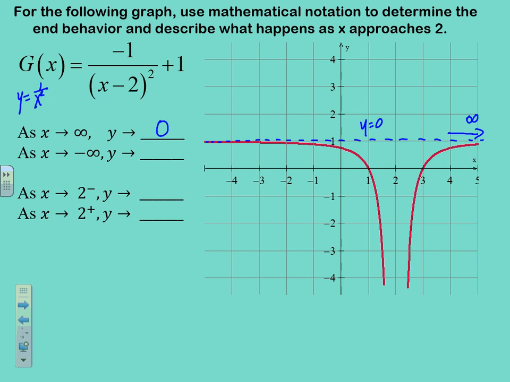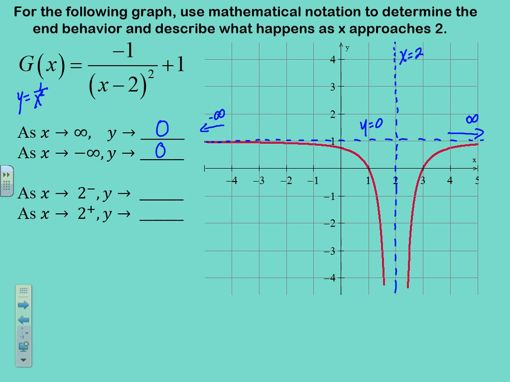And in the other direction, as x heads towards negative infinity, again, y is going to approach the same number, the horizontal asymptote, y is equal to 0. So now we're looking at our new one. We have a vertical asymptote here at x is equal to positive 2.